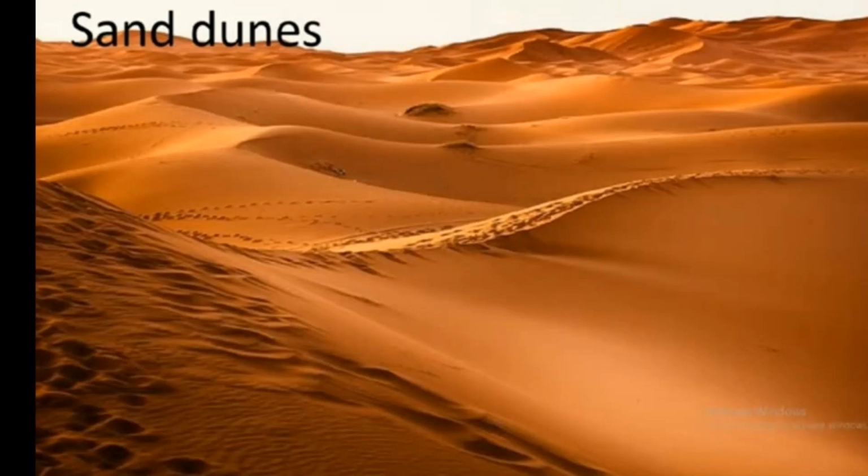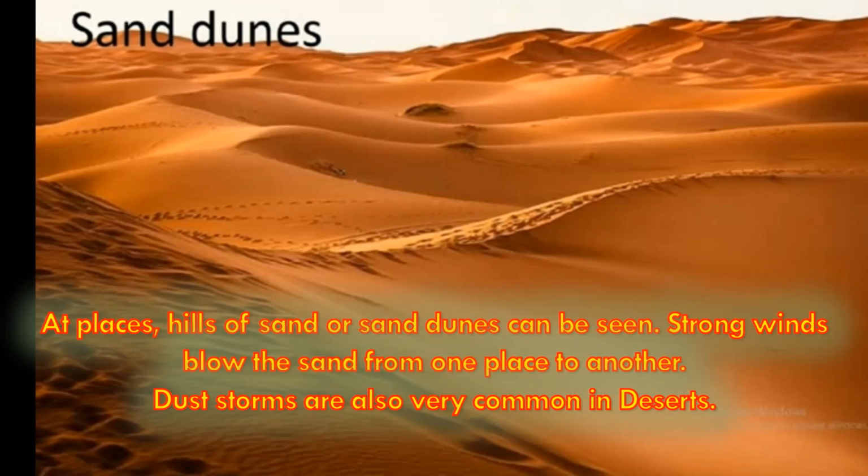A sand dune is a small hill of sand formed by the wind in a desert. At places, hills of sand or sand dunes can be seen. Strong winds blow the sand from one place to another. Dust storms are also very common in deserts.